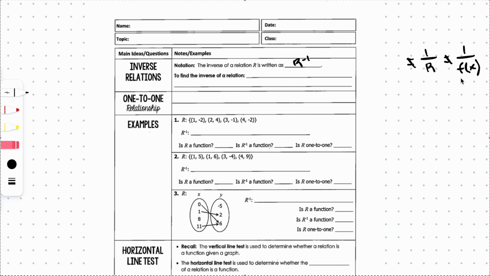That is not what it is, but this is the notation we use. And it can be kind of tricky, because you might look at this -1 and think, oh, we move it to the denominator. No, that's just signifying that it's an inverse relationship.